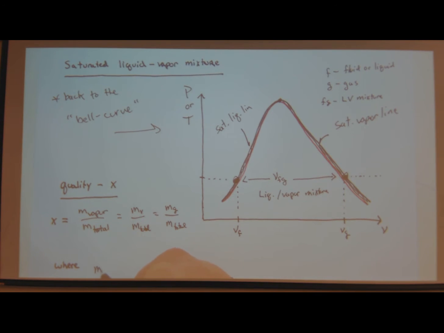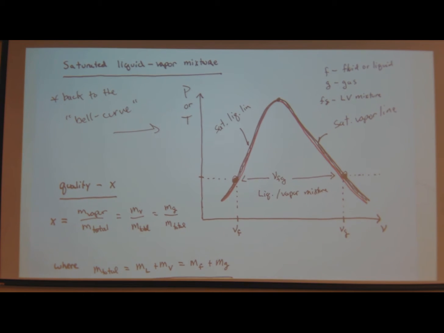Where the mass total is equal to the total amount of mass in the liquid state plus the total amount of mass in the vapor state, using these other subscripts, m_f plus m_g. So pretty straightforward, right?